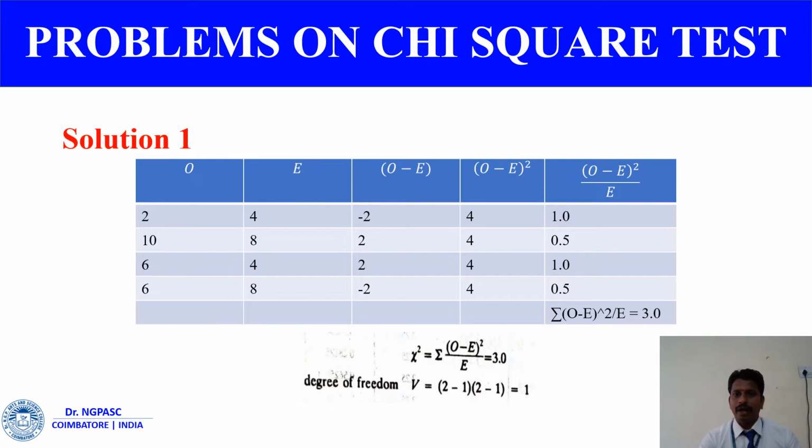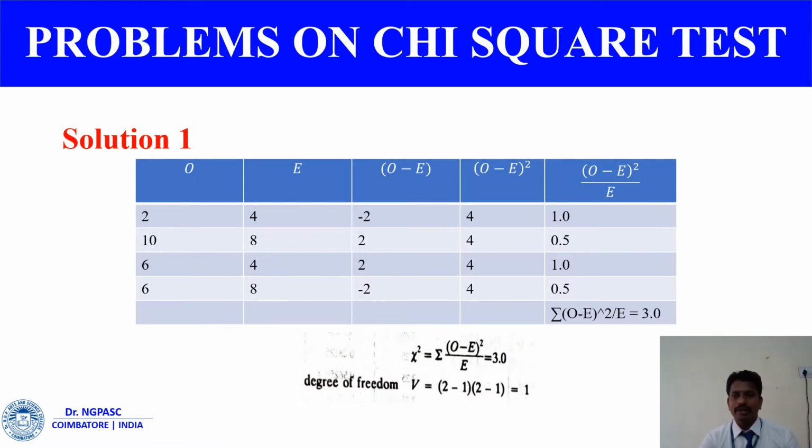Next, to calculate O minus E whole square by E, we divide the fourth column by the second column. 4 divided by 4 is equal to 1.0. 4 divided by 8 equal to 0.5. 4 divided by 4 equal to 1.0. 4 divided by 8 equal to 0.5.